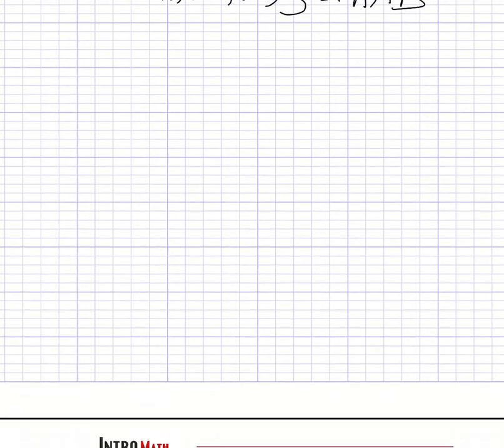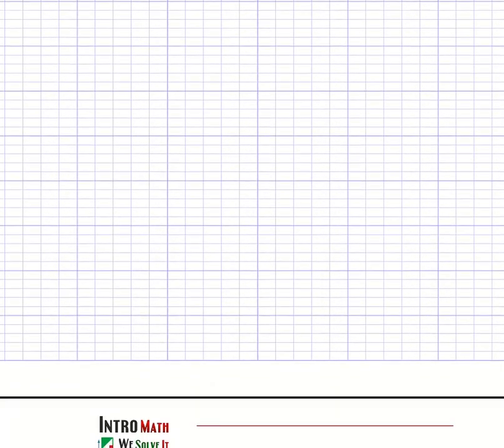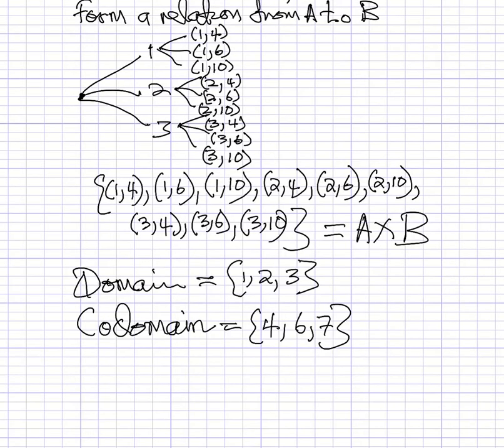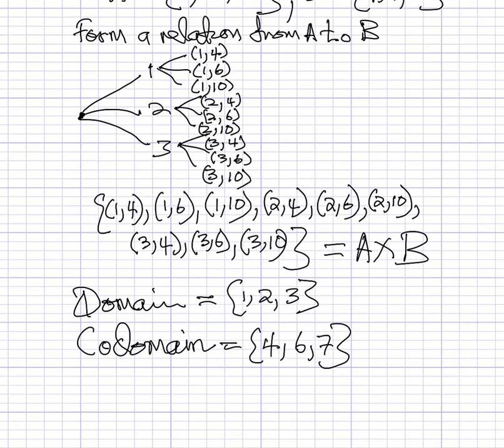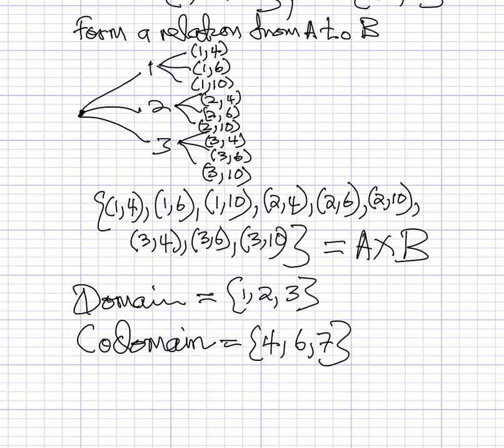Okay, so let me give you another example that may make sense a little bit. Note that the domain of the relation in the example I just gave you consists of the set that contains elements 1, 2, 3.